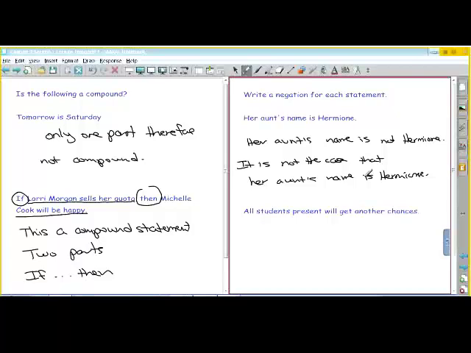The second case is one where you can't just put a not or a no without really thinking about what the consequence is. We'll talk about this in just a second, but there are certain words, like all, where taking the negation of all is not a simple matter of putting a no or a not. A lot of people will say, what's the opposite of all? None, right?